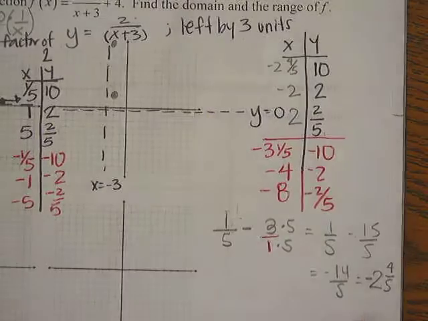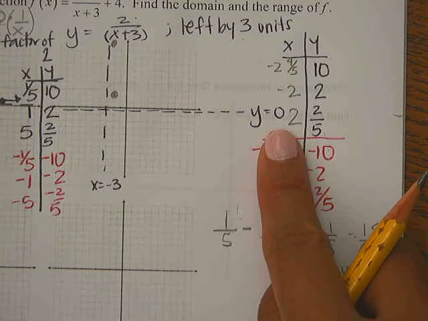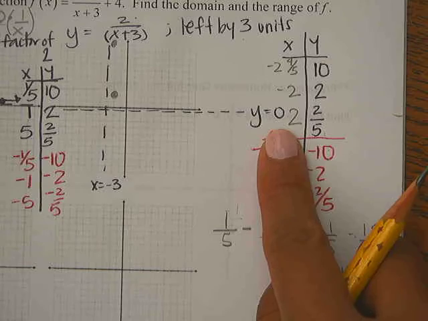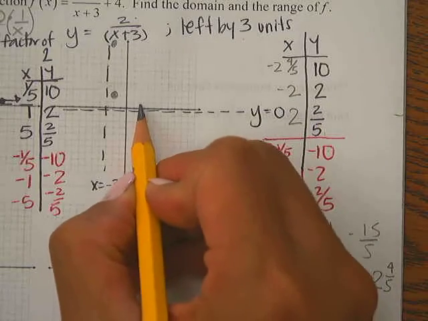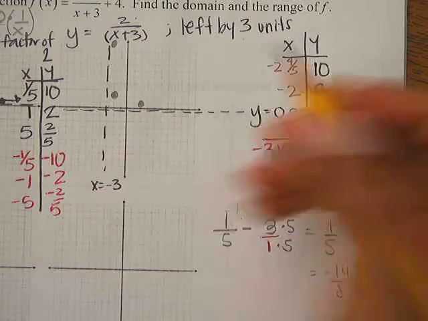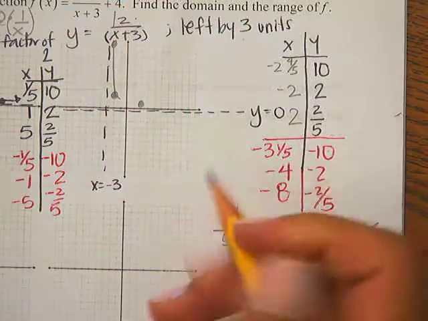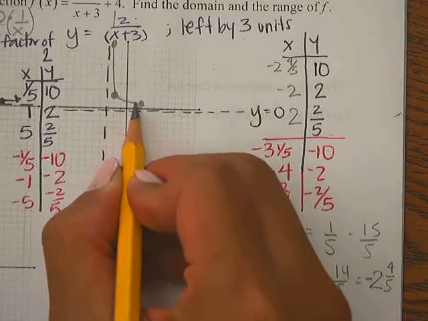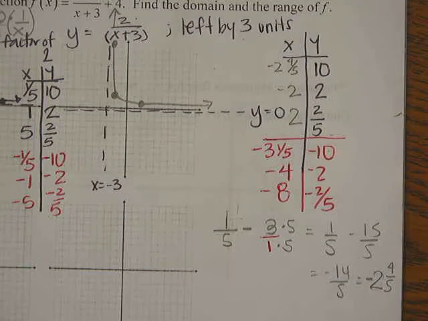The y values, again, don't go anywhere. Positive 2 comma 2/5. So here's positive 2. 2/5 is in between 0 and 1. Remember, we're not going to touch your asymptotes, so leave it alone. Okay, and that's my first curve on the right.